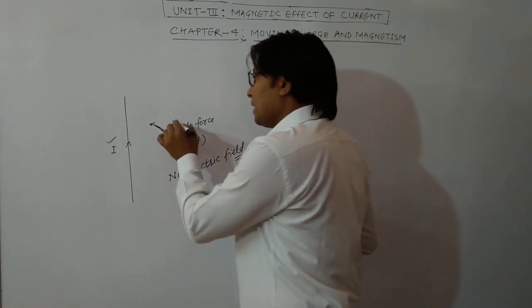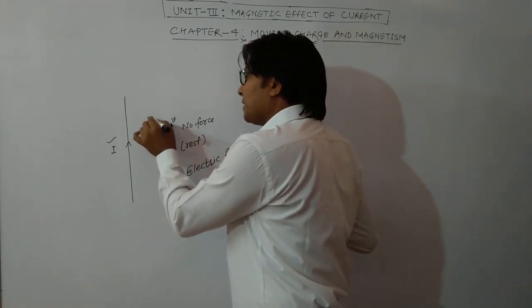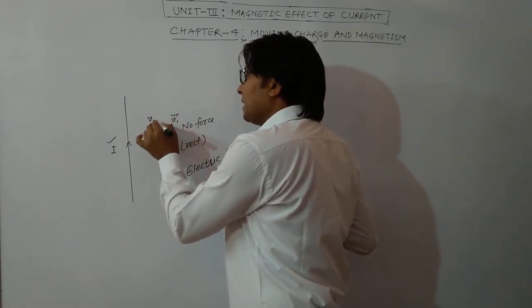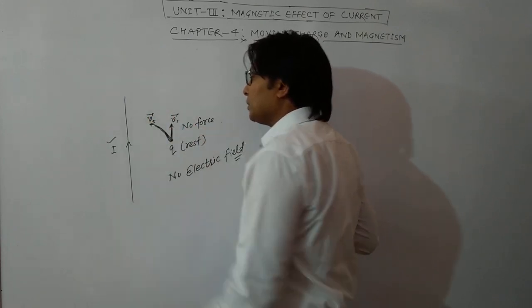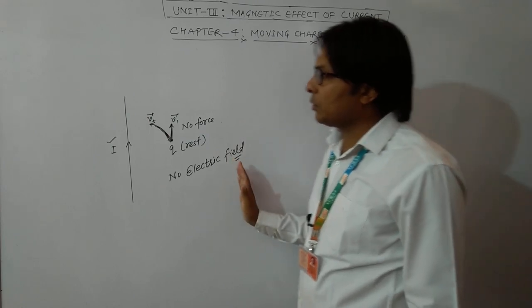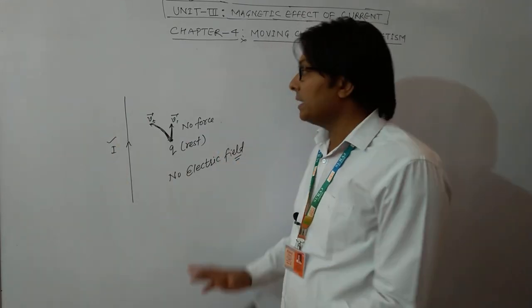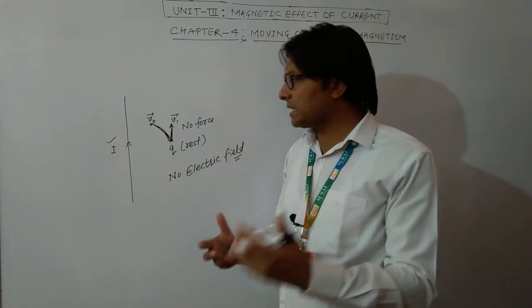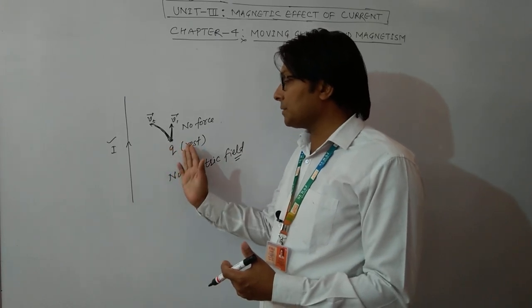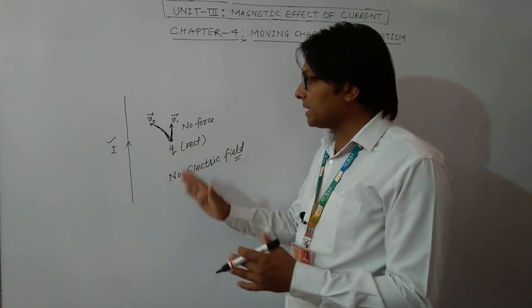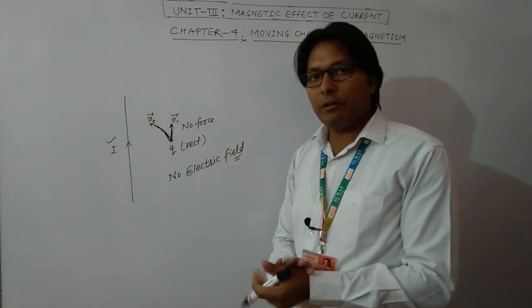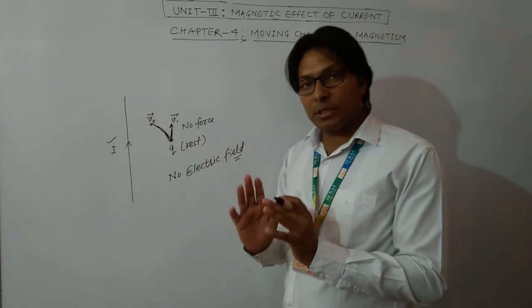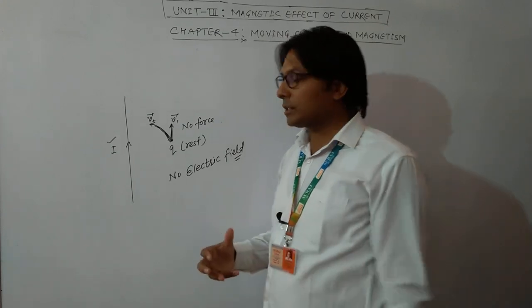So now the velocity of this particle changes, and we can say that this charge is getting deflected towards the current carrying conductor. Now why this charge is getting deflected, or why this path is such a type of path, we will talk about in our further discussion.